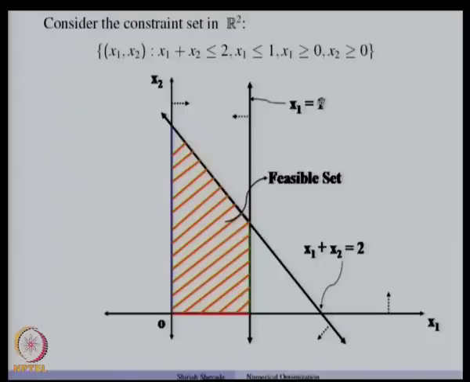Further, we have non-negativity constraints, which are x1 non-negative and x2 non-negative.